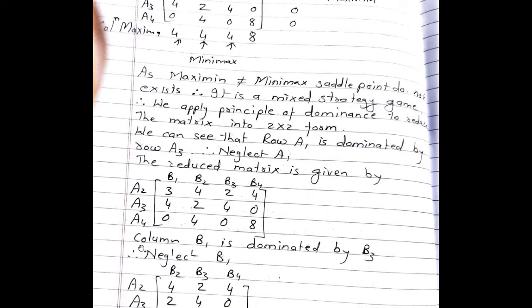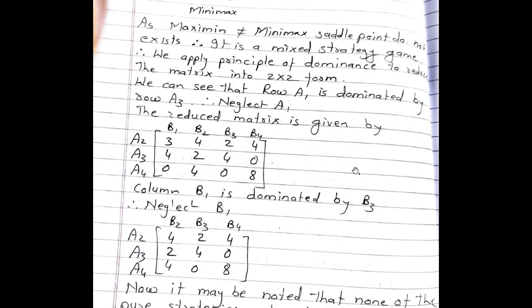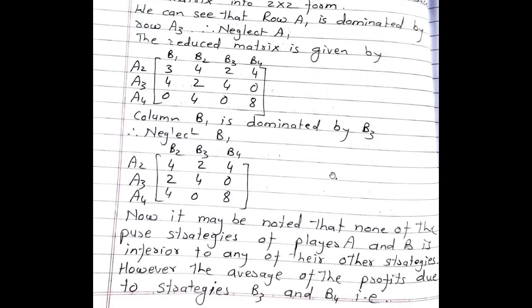Now, column B1 is dominated by column B3. So, neglect B1. See, 3 is greater than 2, 4 is equal to 4, and 0 is equal to 0. So, B1 gets neglected. Then A2, A3, A4 and B2, B3, B4. This is a 3 by 3 matrix.